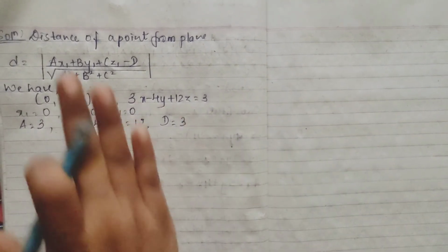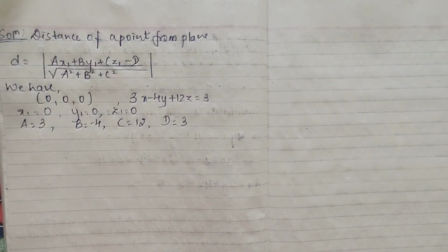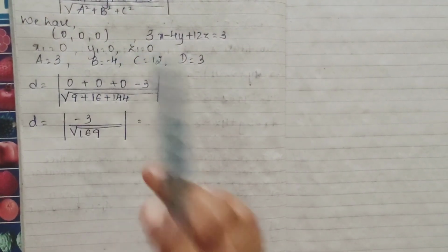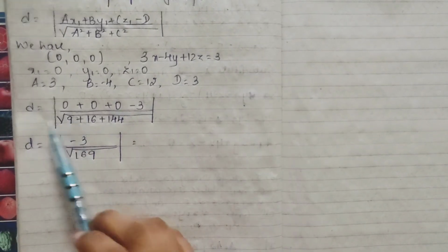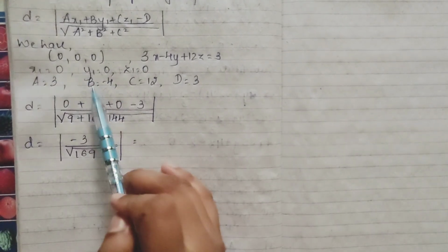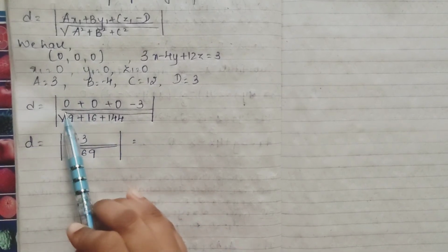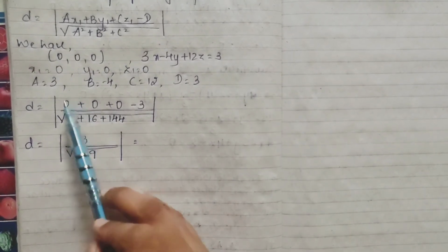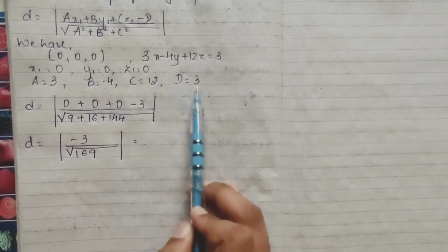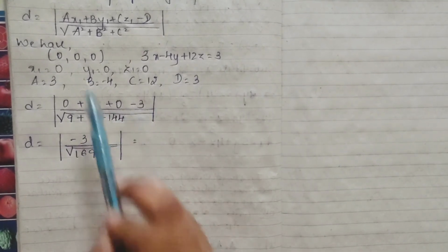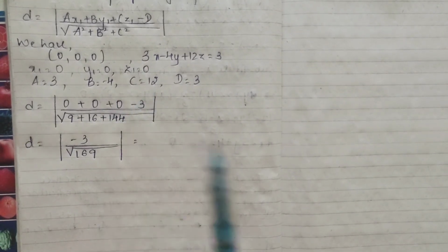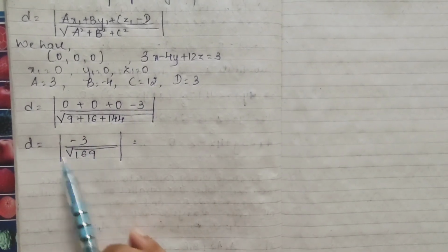Now substitute everything in the formula and find it out. Here you have x1, y1, z1 already as 0. So in the upper part, instead of substituting a, b, c also, I can directly write 0 plus 0 plus 0, because if I multiply I'll get 0 only, right? Only d I have, that is 3, so we get minus 3 whole divided by the root of a square plus b square plus c square. So 3 square is 9, 4 square is 16, 12 square is 144. So you are left with minus 3 over root of 169.